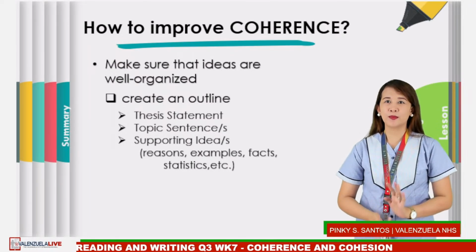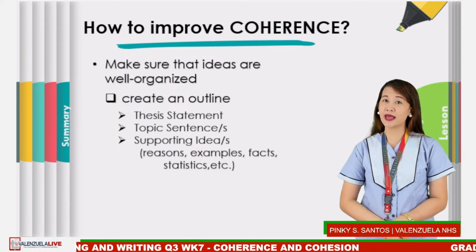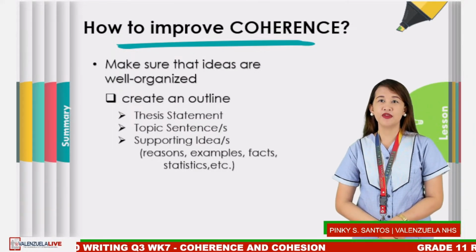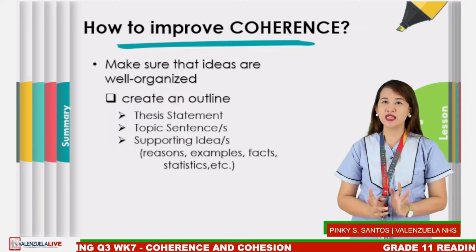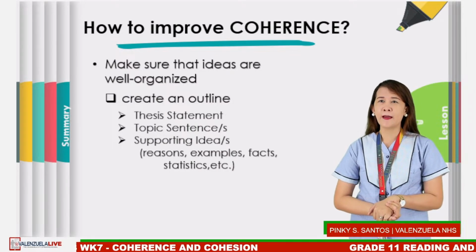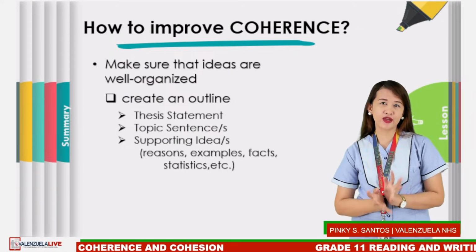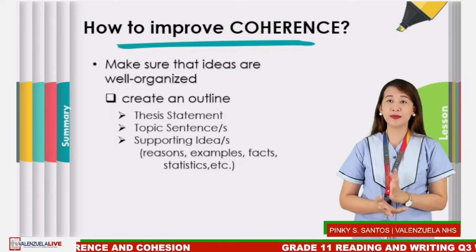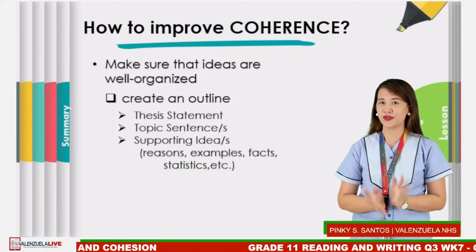One way to help organize your ideas is by creating an outline before writing. Many students do not want to create one, but if you get the hang of it, it will be easier for you to organize your thoughts.